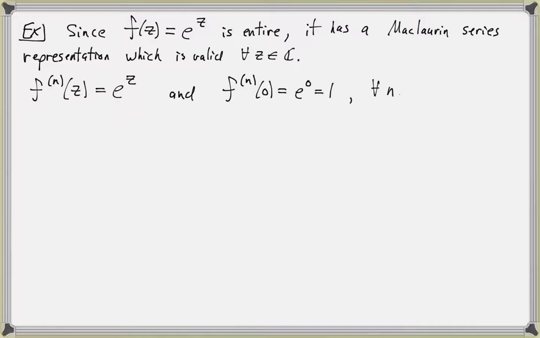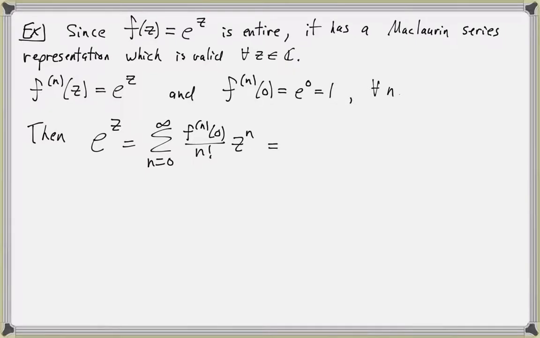So the Maclaurin series, defined as the series from n equals 0 to infinity of the nth derivative of f evaluated at 0 over n factorial times z to the n, will just be the sum n equals 0 to infinity of z to the n over n factorial.